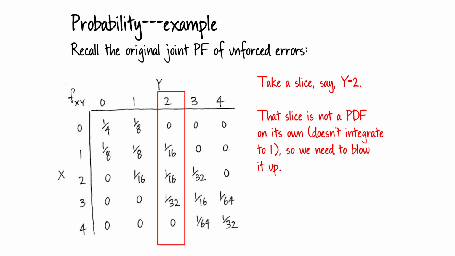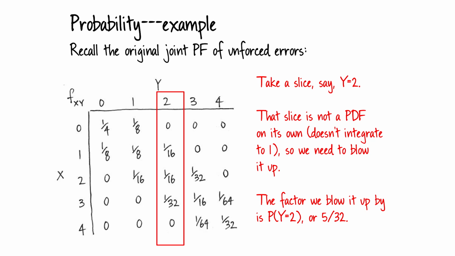As it stands, that gives us some information, but this slice is not a PDF on its own, because it doesn't sum to 1. So we need to blow it up. The factor we blow it up by is just the probability that y is equal to 2. We can go back and look at the marginal distribution of y that we calculated several slides ago from this joint distribution, and we look up that the probability that y is equal to 2 is 5 over 32.